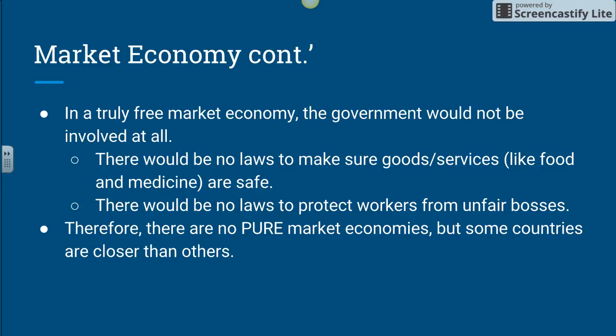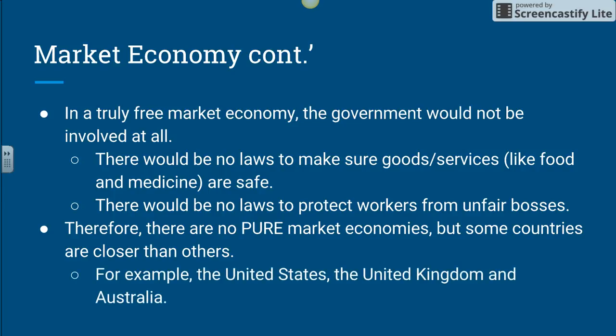That's because we just haven't tried this idea of there being no government control. It would be close to anarchy, and no country has tried that. But some countries are closer than others. The United States, the United Kingdom, and Australia are closest to a market economy.